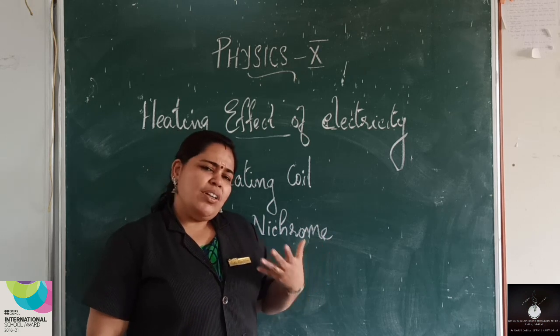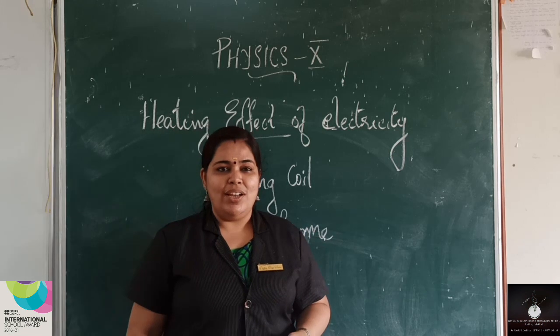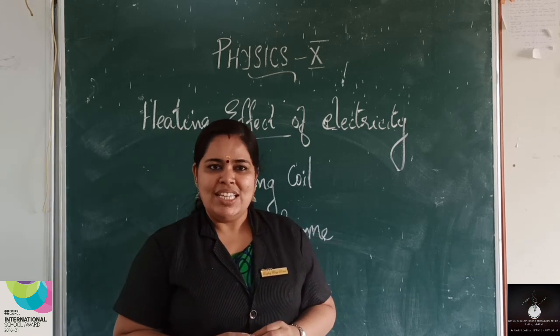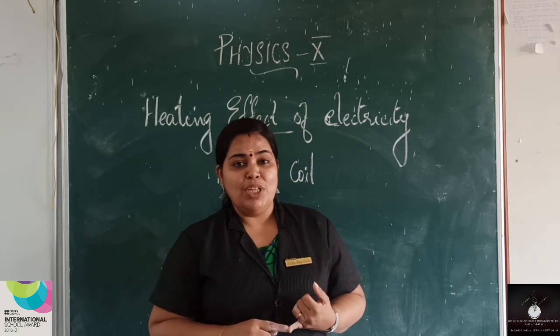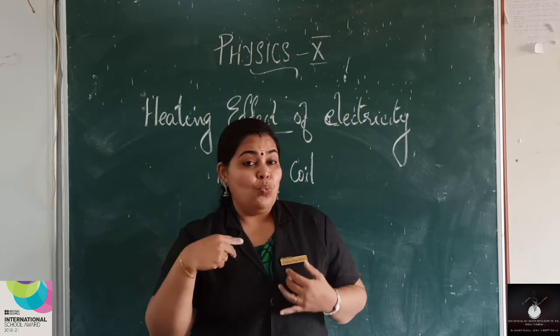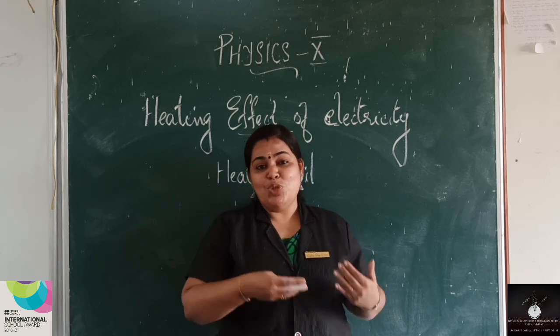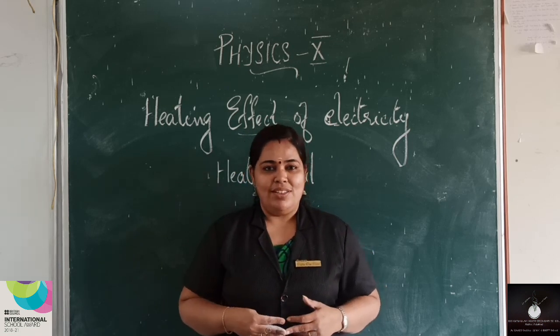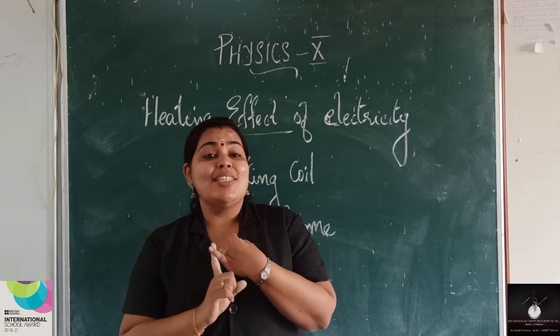And what is the reason for using this nichrome as the heating coil? It should have some advantages, isn't it? Can you tell me the properties of nichrome, or which properties help nichrome to be used as a heating coil? First one, it has a high melting point.